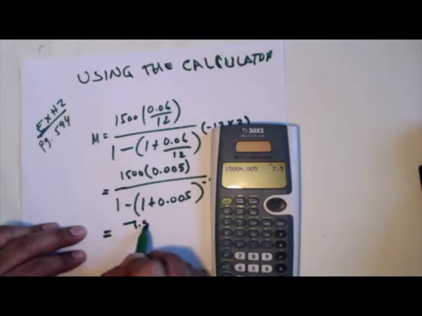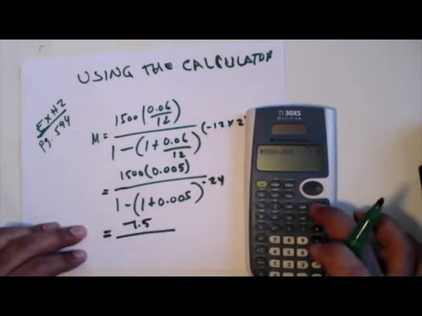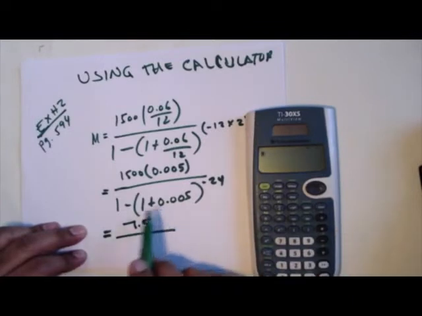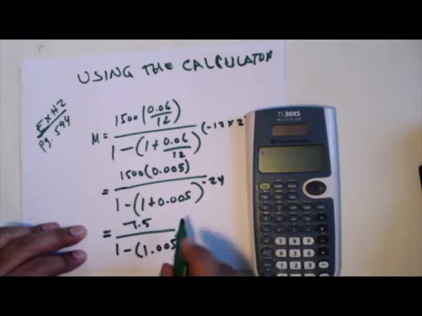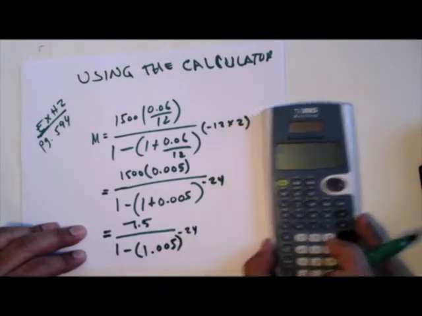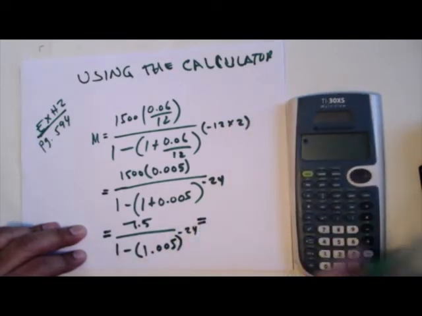And all this is divided by, clear. This one here basically is 1 minus 1.005 to the minus 24th. So what that is equal to.